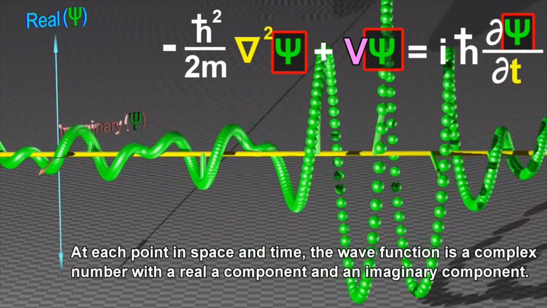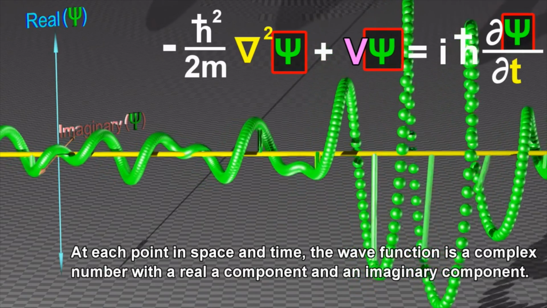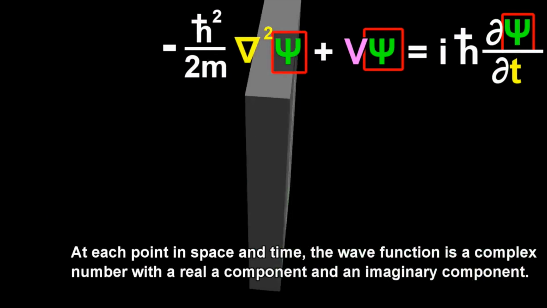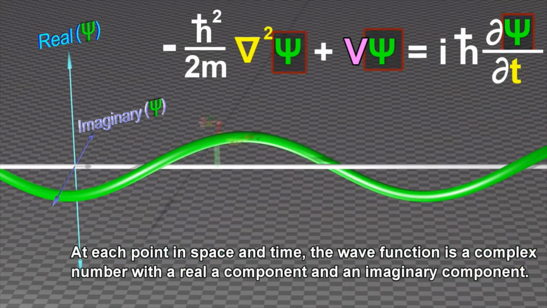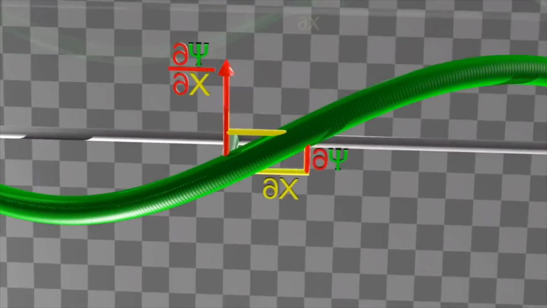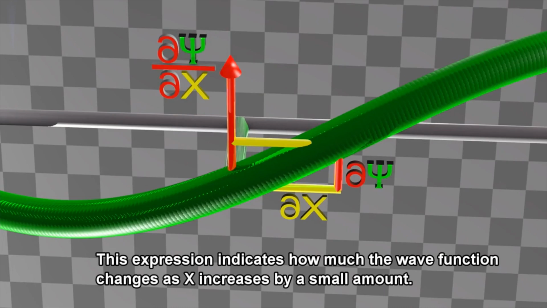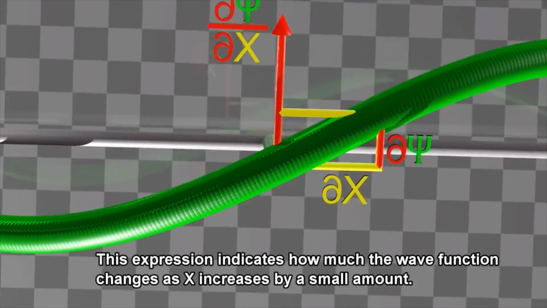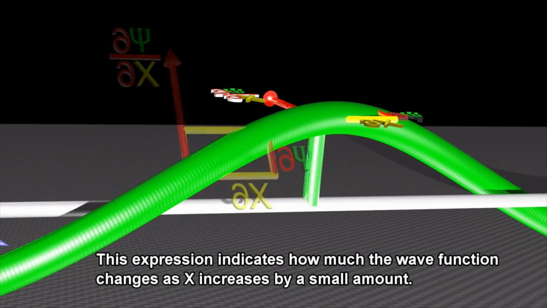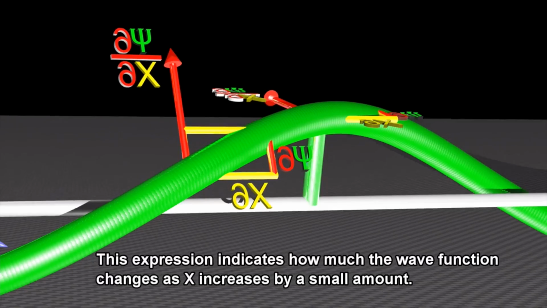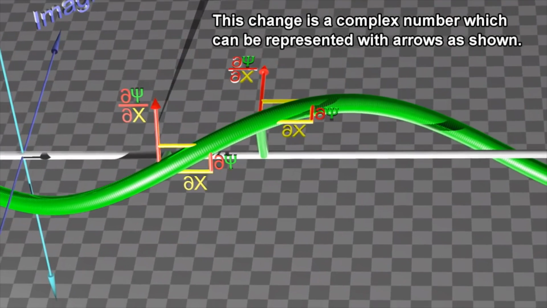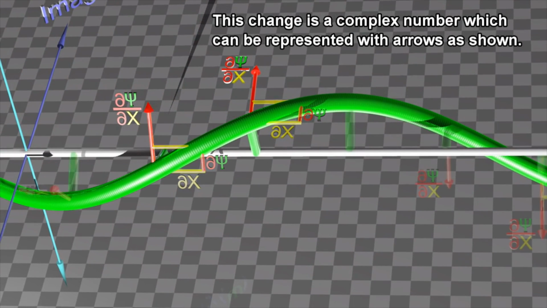At each point in space and time, the wave function is a complex number with a real component and an imaginary component. This expression indicates how much the wave function changes as x increases by a small amount. This change is a complex number which can be represented with the arrows as shown.